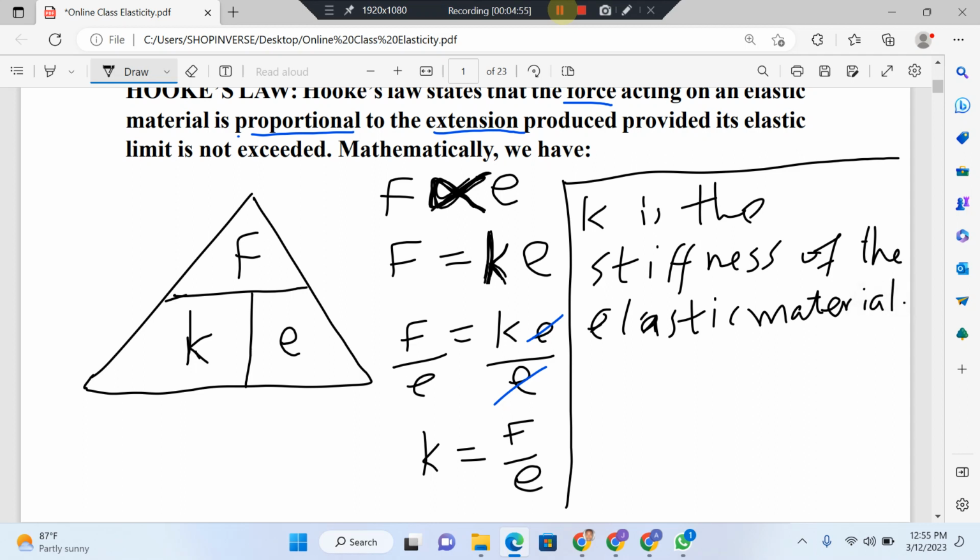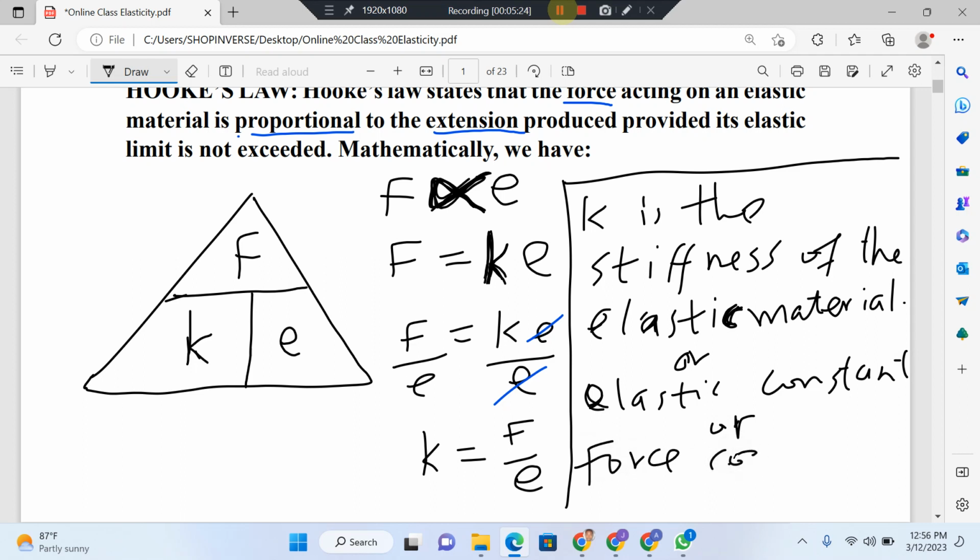K can also be referred to as the elastic constant, and also as the force constant. So K is the force constant, the force that is needed to produce unit extension.